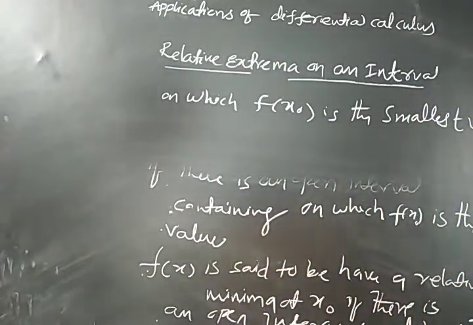So it is called relative minimum, which is the smallest value in that interval, and relative maxima is the maximum value in that interval.